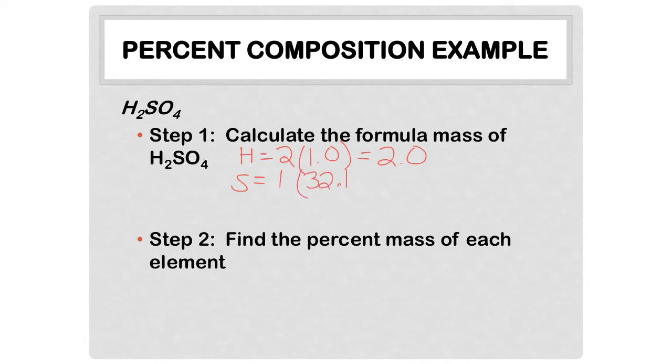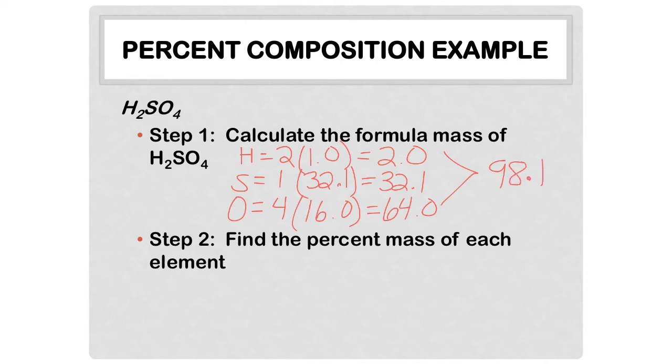Sulfur has a mass of 32.1. And we have 4 oxygens. Each oxygen has a mass of 16. That would give us 64. And the total would be 98.1 for my gram formula mass. So the mass of 1 mole would be 98.1 grams.